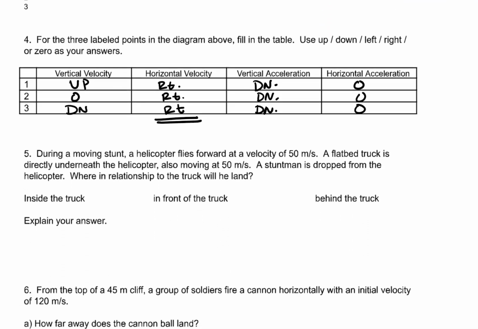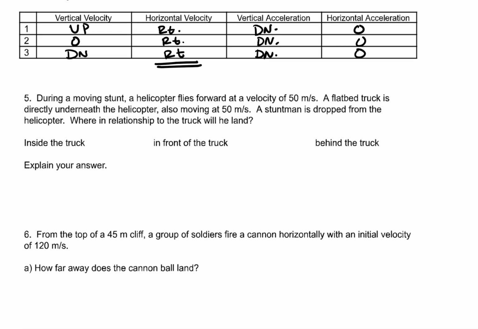All right. So during a movie stunt, a helicopter flies forward at a speed of 50. The truck is directly underneath it, also moving at 50. And the stuntman drops from the helicopter.